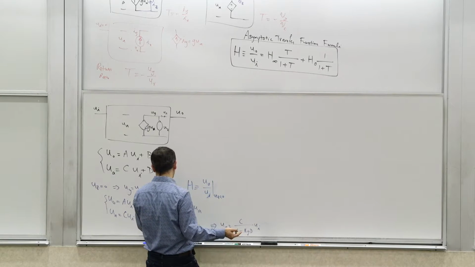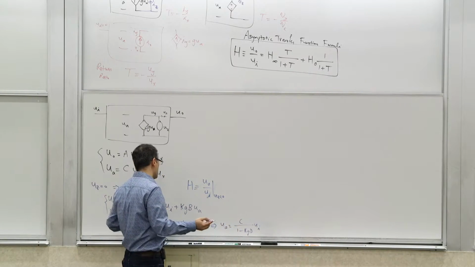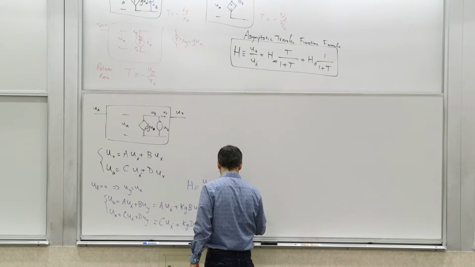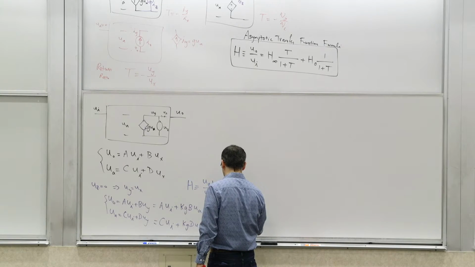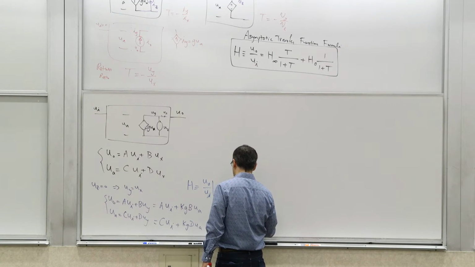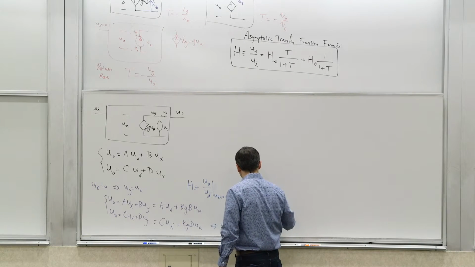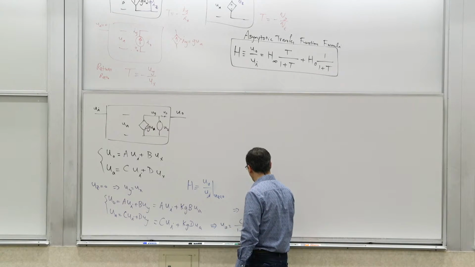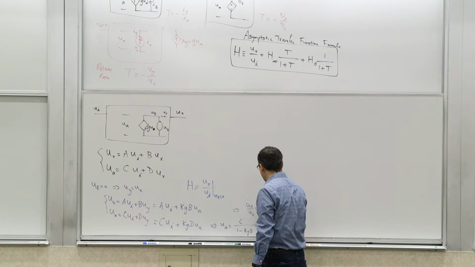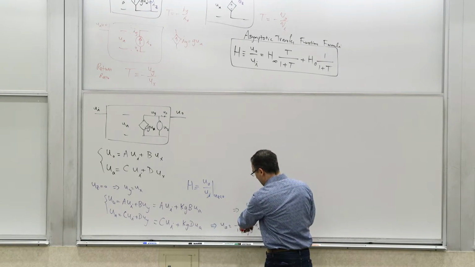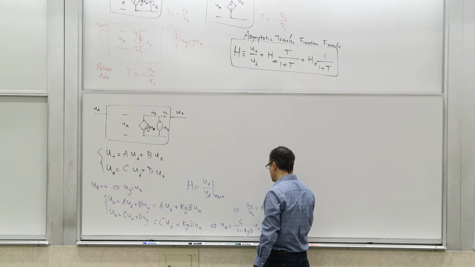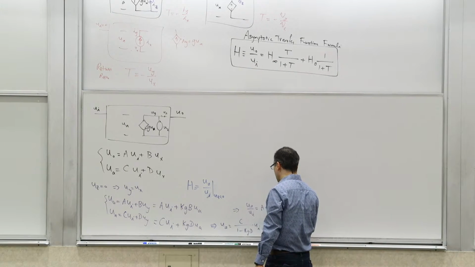And I plug this into this UI, so UO over UI is going to be A plus KGBC divided by 1 minus KGD.